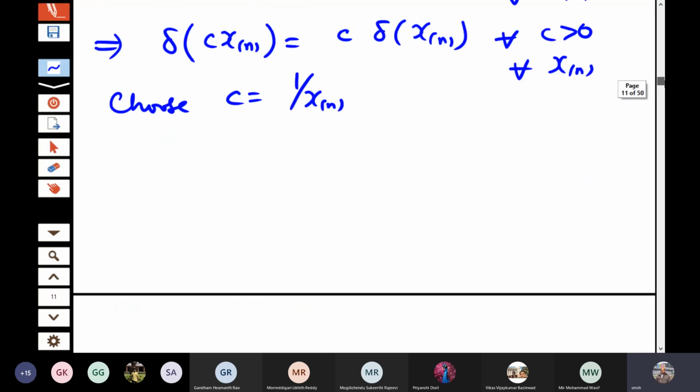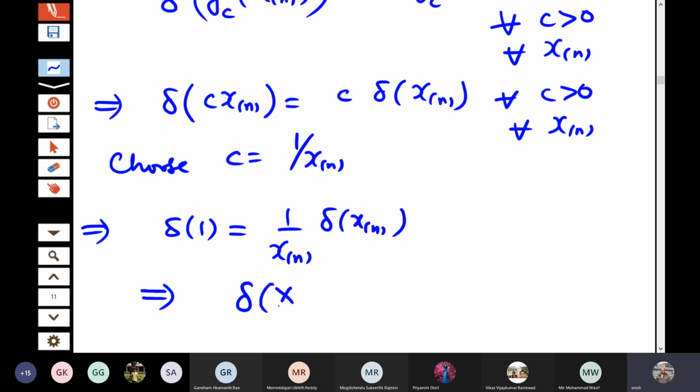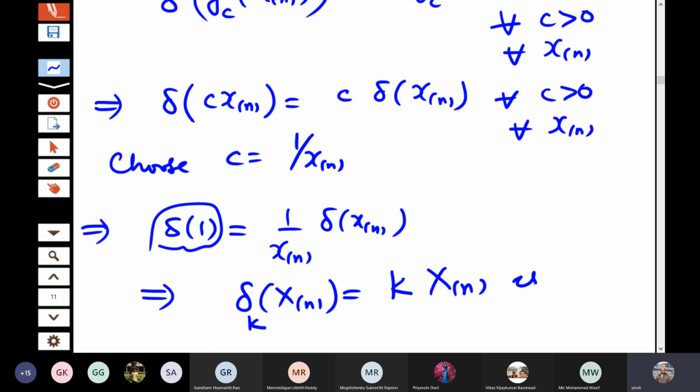If we do that, then this left hand side becomes a constant, and this is 1 by Xn delta of Xn. This means delta of Xn I will choose to be some constant k times Xn. So I'll put it here k. This is the form of an equivariant estimator.